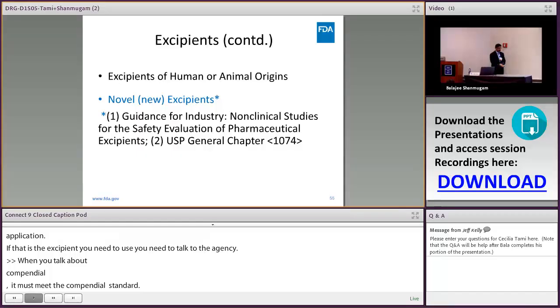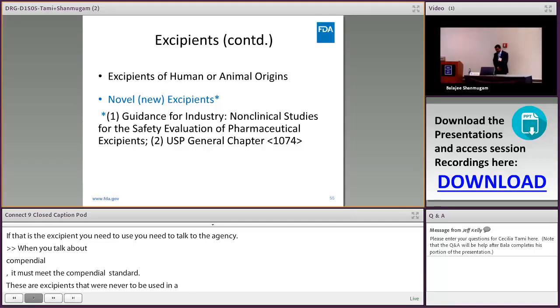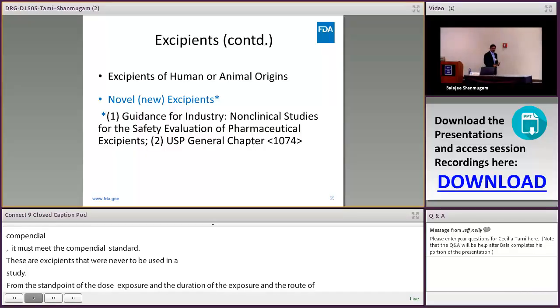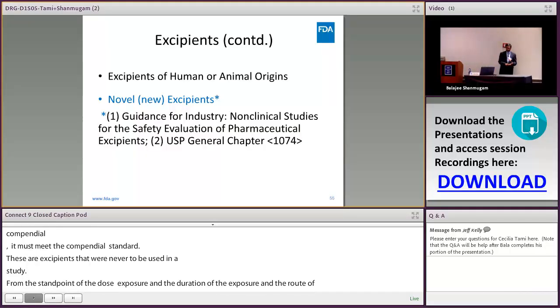There is an FDA guidance which talks about qualification of these excipients. The safety is from the standpoint of the dose exposure, the duration of the exposure, and also the route of administration. CMC does not work in its own little world. We interact with our Pharm Tox colleagues to make sure that these are all safe at the level, for the duration, and for the route of administration.